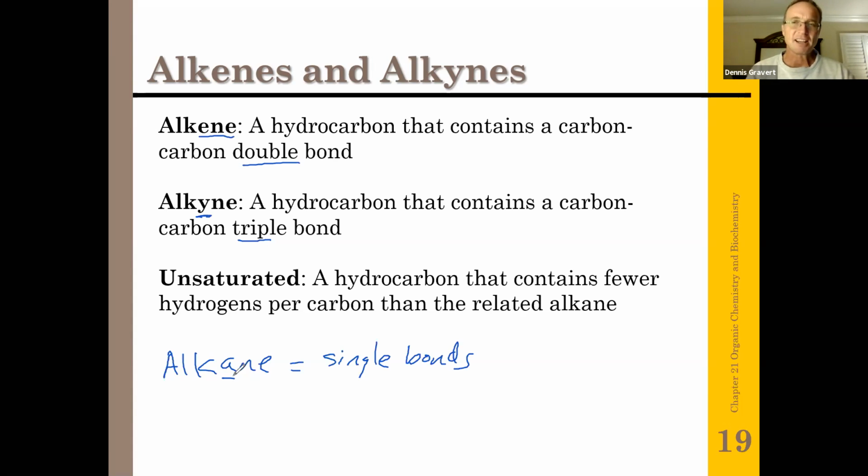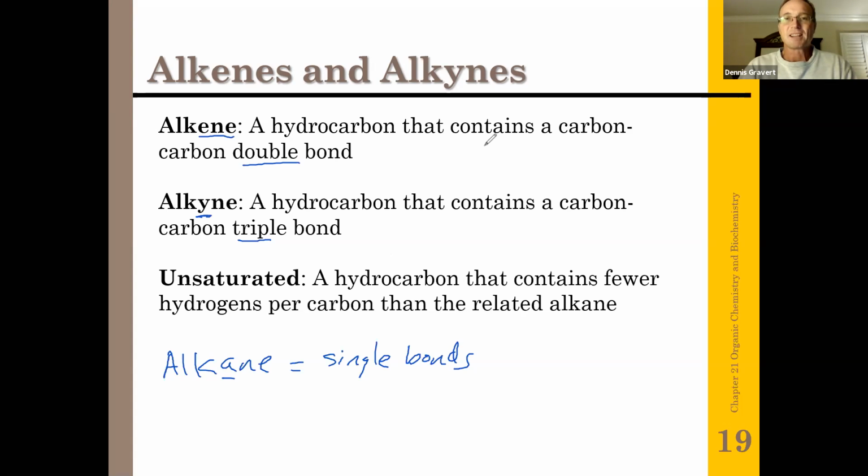Did you notice that this is in alphabetic order? Alkane, alkene, alkyne, single, double, triple. That's handy. That'll help us remember the names of those types of molecules. So a molecule with at least 1 carbon-carbon double bond is called an alkene.